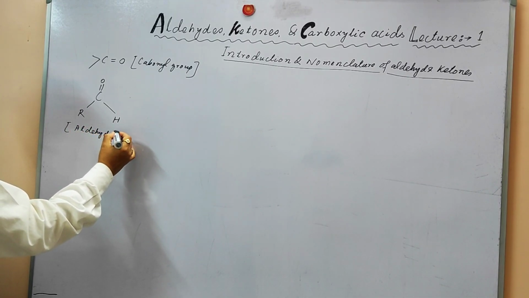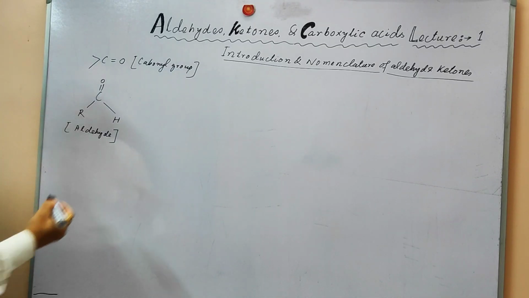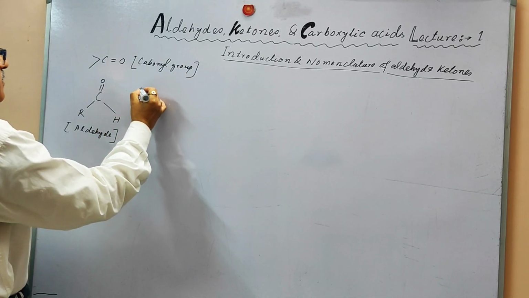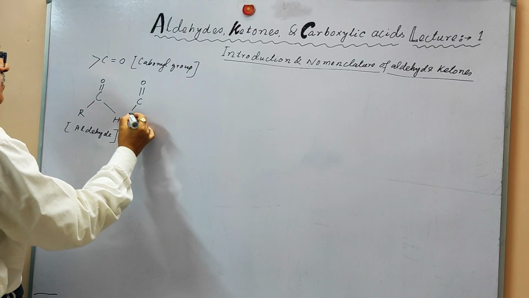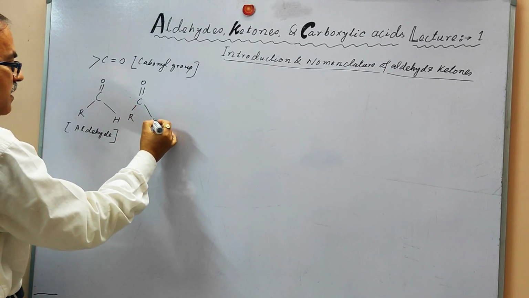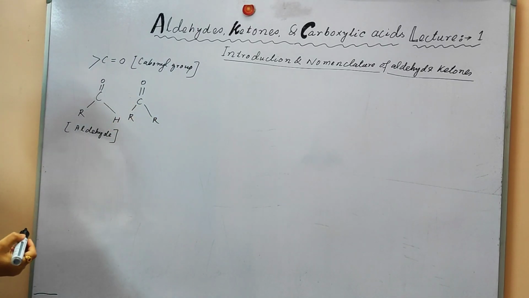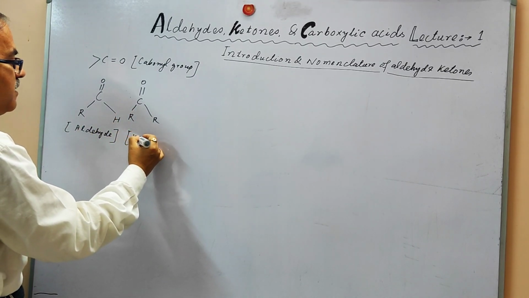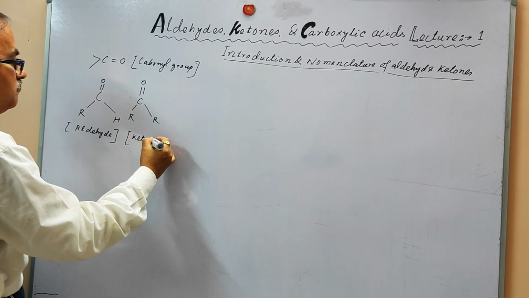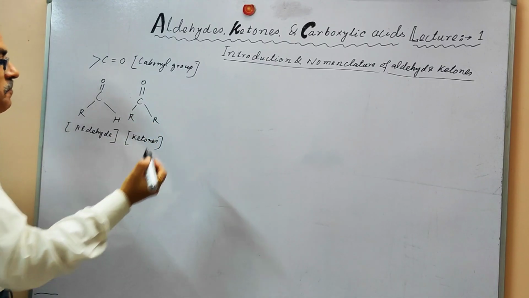So we understand what an aldehyde is. When this carbon atom is joined to two other carbon atoms, we will call it a ketone.